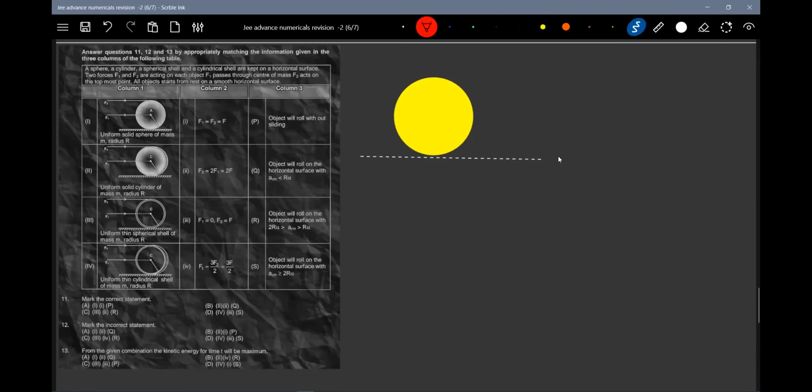One of the forces, F2, is acting at the top. The other force is passing through center of mass. Then how the friction will act, can we say anything about it? It's a generalized one.